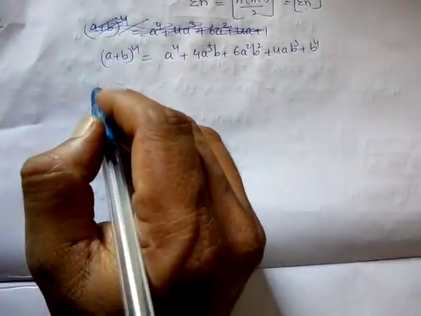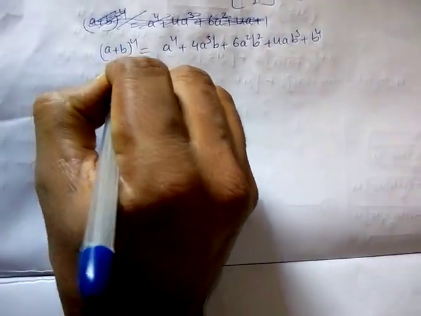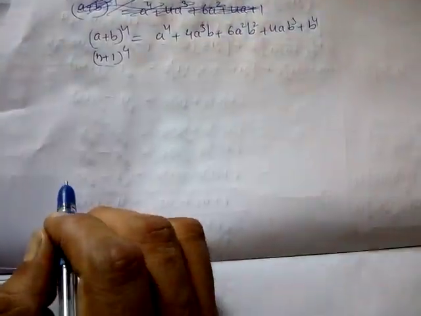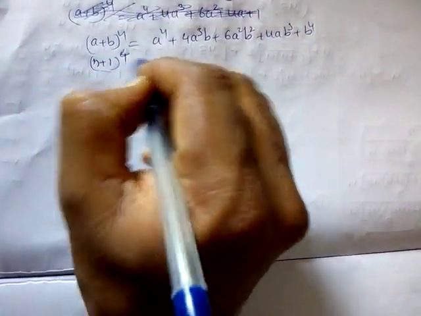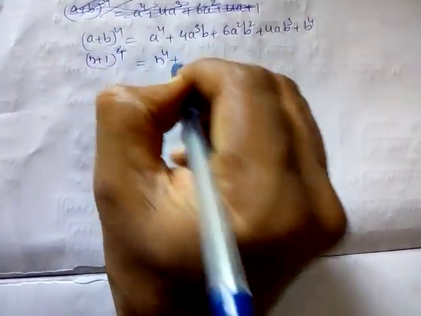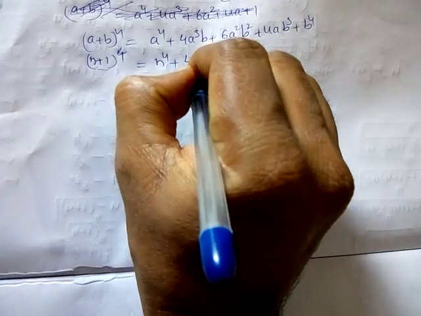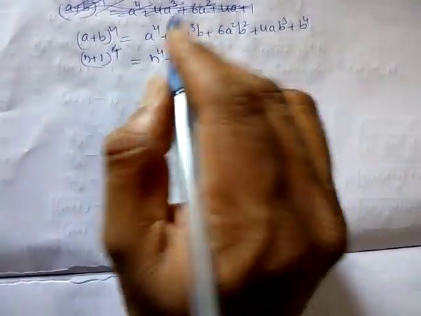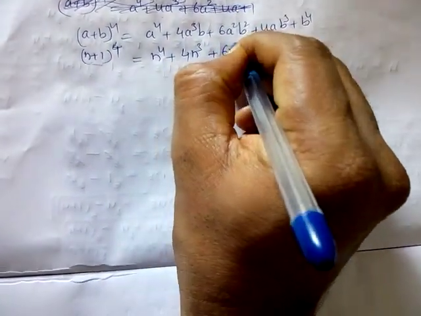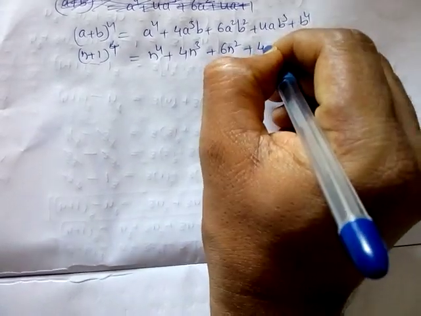From this identity, we have to find (n + 1) whole to the power of 4. (n + 1) to the power of 4 is equal to n to the power of 4 plus 4 n cube, b value is 1 only, plus 6 n square plus 4 n plus 1.